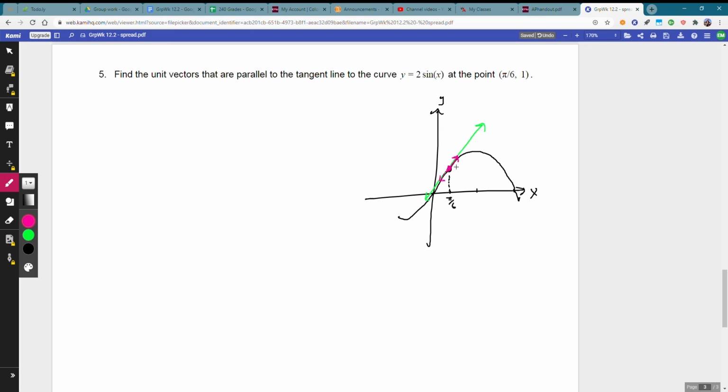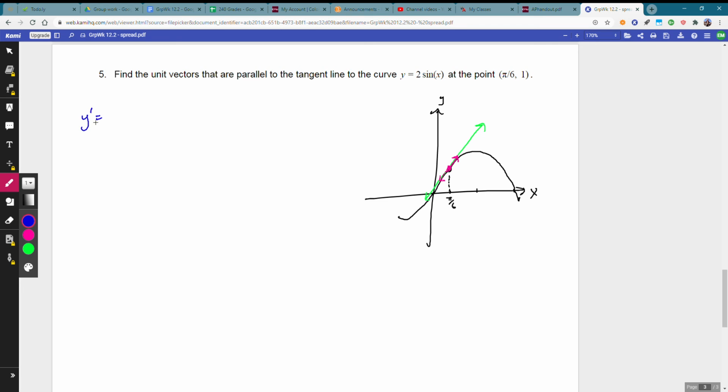Well, in order to start getting a hold of these vectors, it's going to be useful to figure out the slope of this tangent line. Now that's really going to be what allows us to get a hold of the components of these vectors. So if we want to know the slope of our tangent line, then we should look at the derivative.